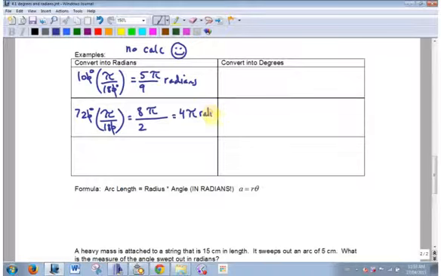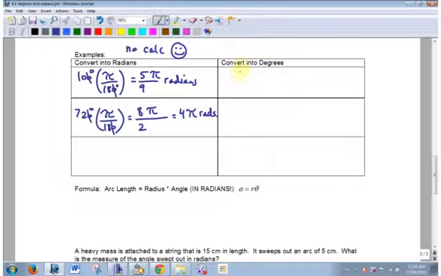Did I need to do all that? Probably not, because you know 360 degrees is 2 pi. So 360 and 360 is 720. So it should be 2 pi and 2 pi. That's 2 full revolutions, right? Either way, get 4 pi.